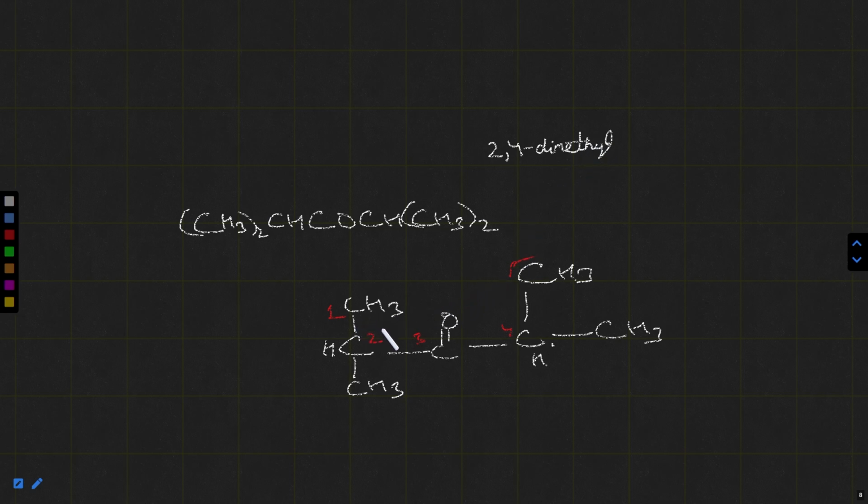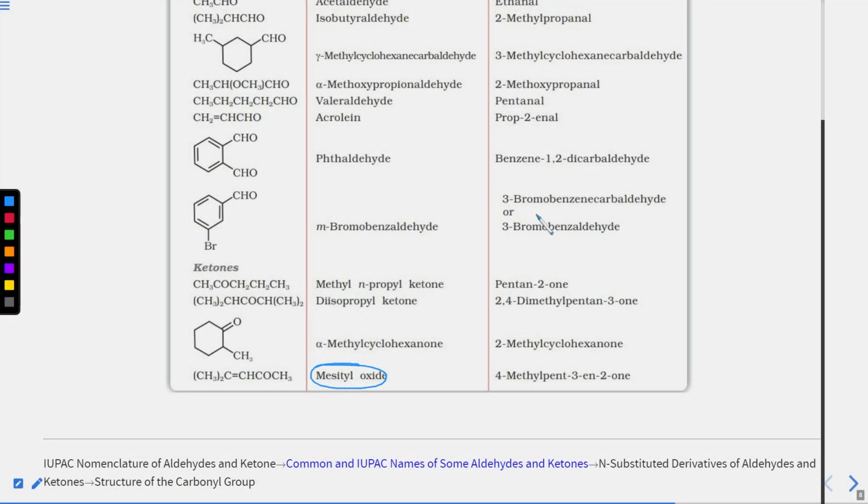Then what is the base name? 1 2 3 4 5, so pent. And at 3rd position we have the ketone group, so pentanone. So 2,4 dimethyl pentan-3-one. Clear?